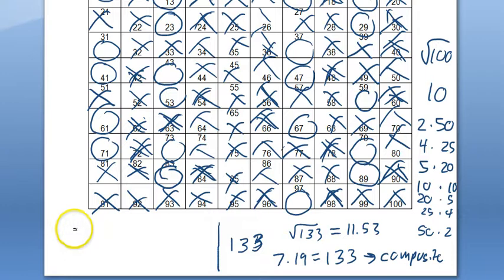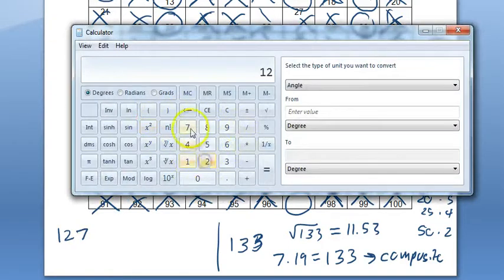So if you want to try another, let me just make up a random one. 123 this time. Hope that's going to work out. Let's try 127. So again, we'll check it with the calculator. 127, we already know 2 doesn't go into it, but we'll do it anyways. 127 divided by 3?